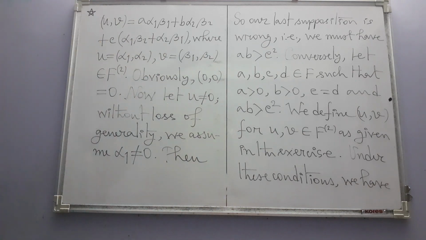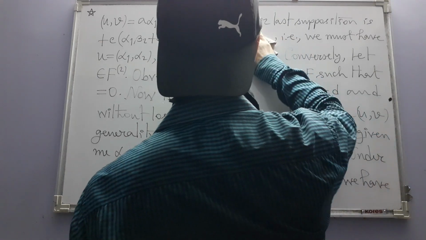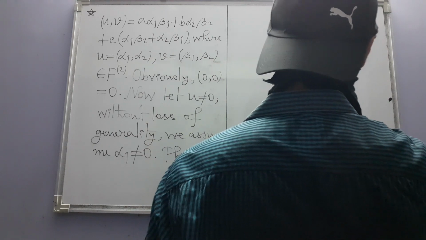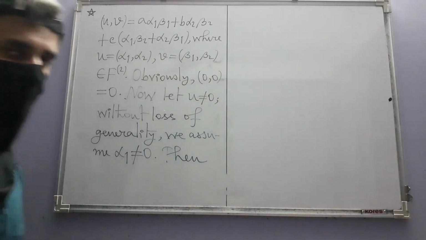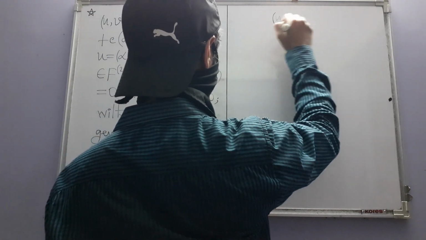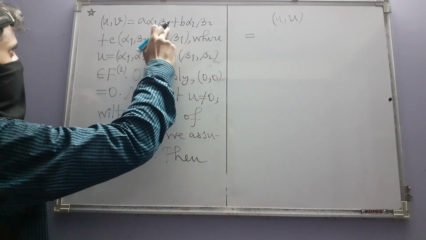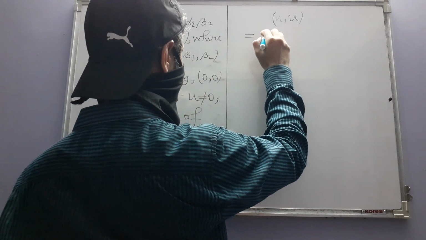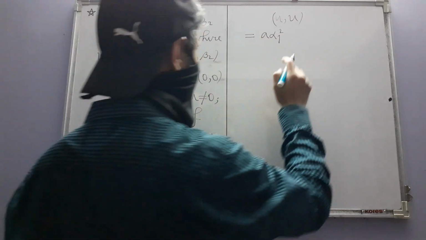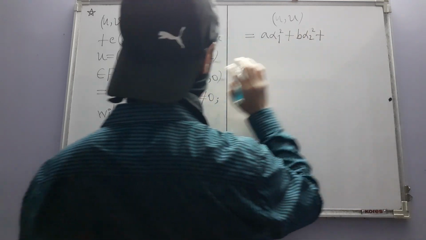Okay, then we are now going to calculate u comma u. What will be u comma u? Because alpha 1 is equal to beta 1, so this is a alpha 1 square. Similarly, beta 2 is equal to alpha 2, so b alpha 2 square.